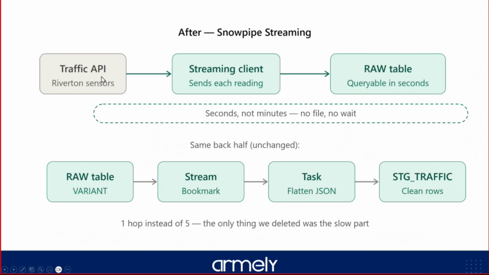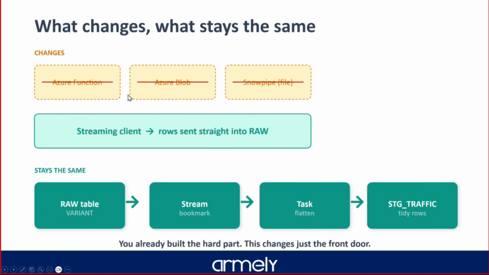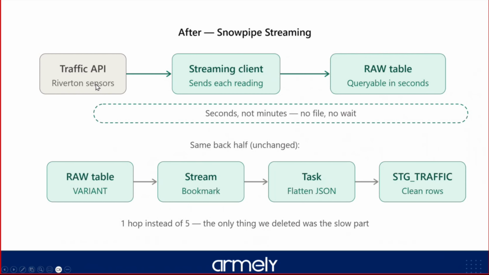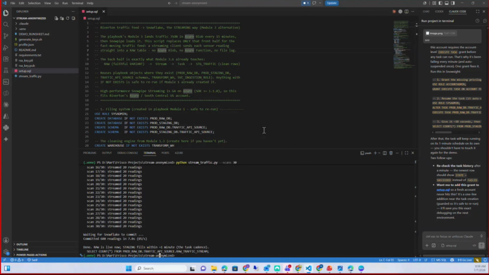So we've eliminated all these steps and now have just one, from the API to our streaming client all the way to a raw table. We've done away with those multiple steps that were slowing us down and costing more, since the blob has some storage costs associated with it. So with that, we're going to dive into our demo and see that in action.